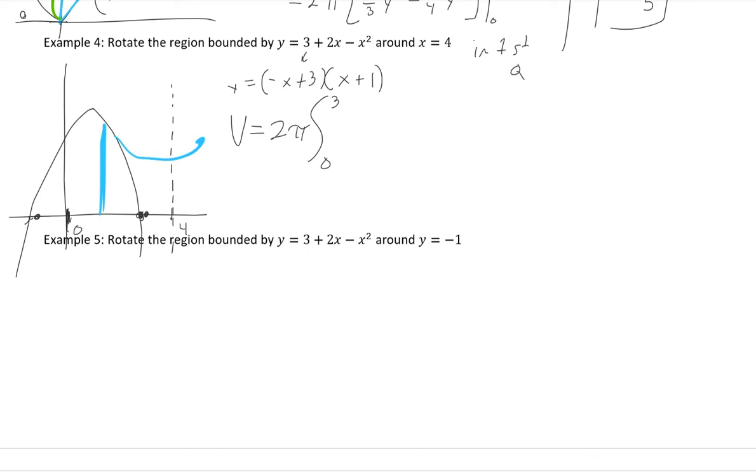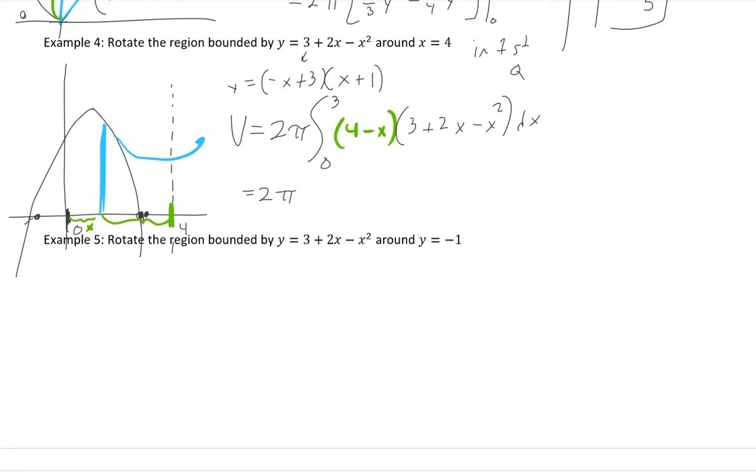The radius is going to be defined as the distance from the rotation axis, which is x equals 4, over to the curve, so right here, which has a distance of 4 minus x. So 4 minus x as a radius, and we multiply that by the function, which is 3 plus 2x minus x squared dx.